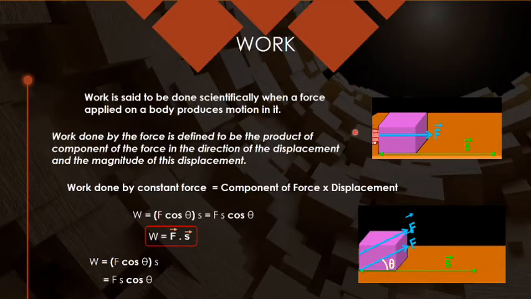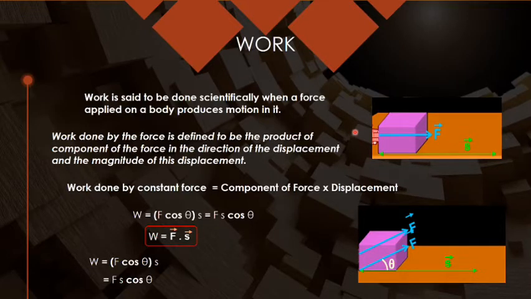If I am applying the force and the body is not moving, then scientifically I will say no work has been done. For work to be done on applying the force, the displacement has to be there.